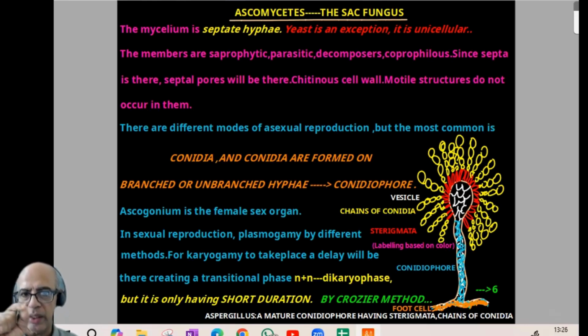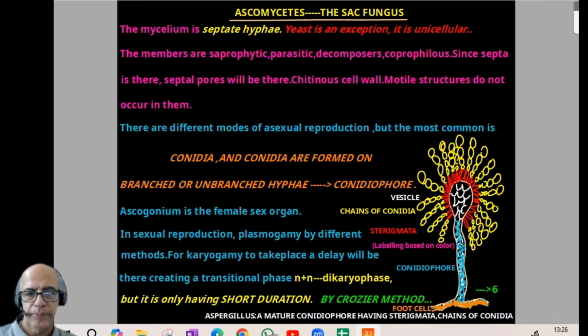There it differs from the next group. And there is a method called the crozier method, in which from a dikaryotic cell, other cells also become dikaryotic by transferring the nucleus, and the phenomenon is called dikaryotization. Crozier method in Ascomycete: further details are not needed because NCERT does not go up to that level. Even the term crozier, I think, is not there.